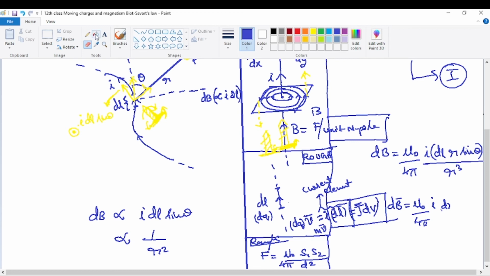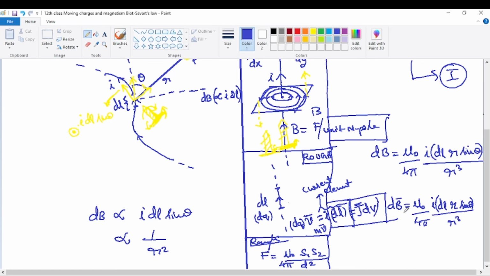Whatever things we are seeing here are simple, nowhere is any complication there. I'll write it more clearly. So I into dl, a small space is better to maintain, dl into r, because they are separate, otherwise it looks like a complete word, it doesn't look like a mathematical multiplication. So dl into r into sin θ divided by r cube.